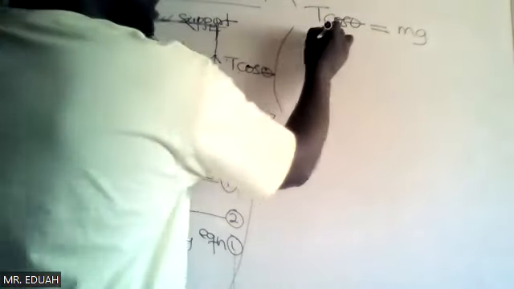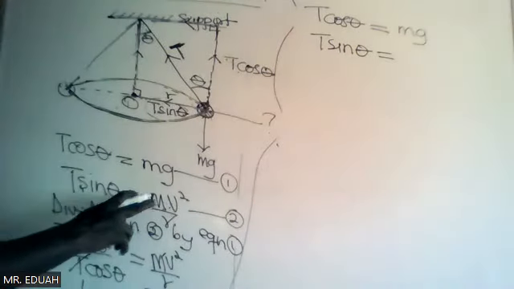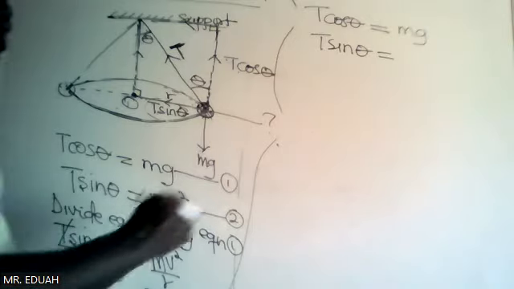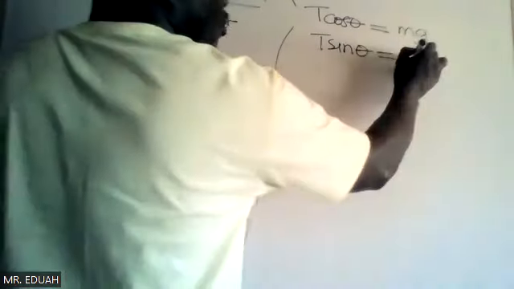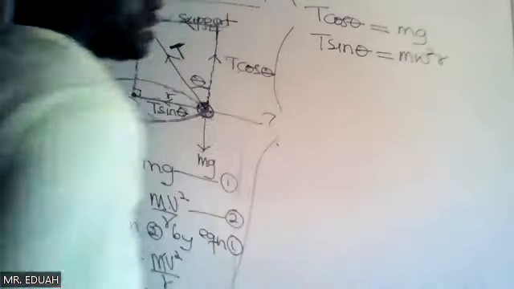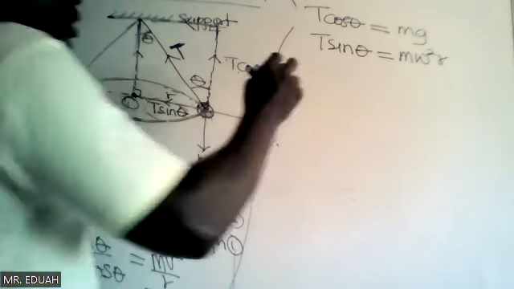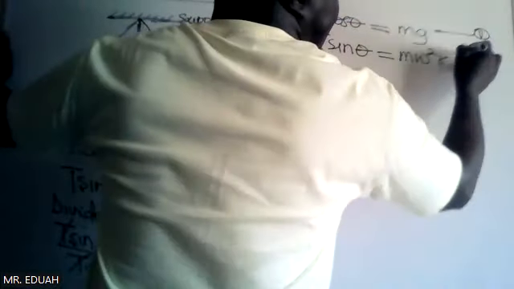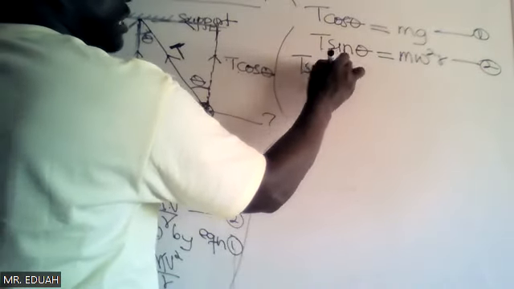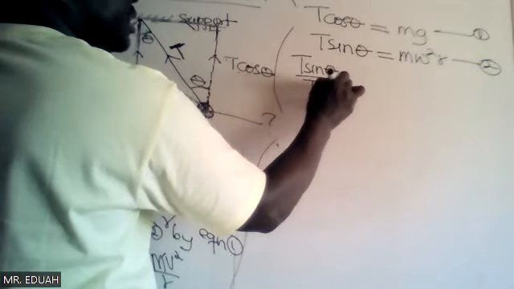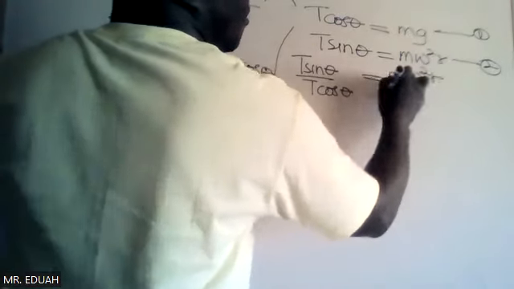Now, the horizontal component T sin theta, instead of equating to mv squared over r, we will equate it to the other formula of centripetal force, m omega squared r. When you divide equation 2 by equation 1, you have T sin theta over T cos theta equal to m omega squared r over mg.